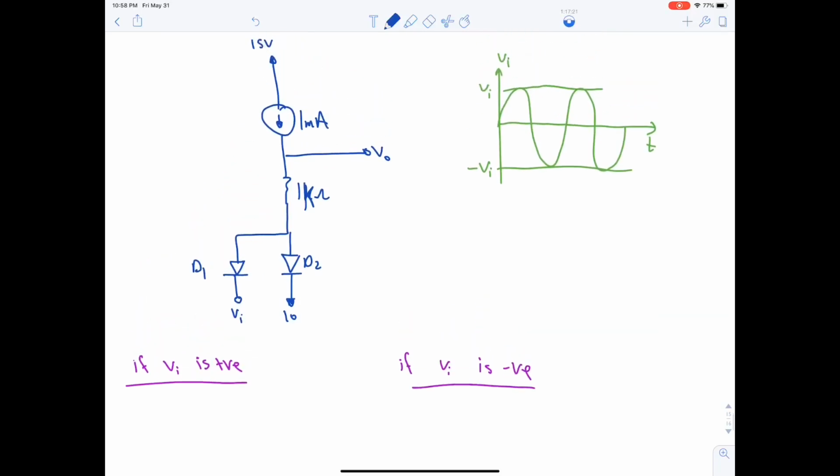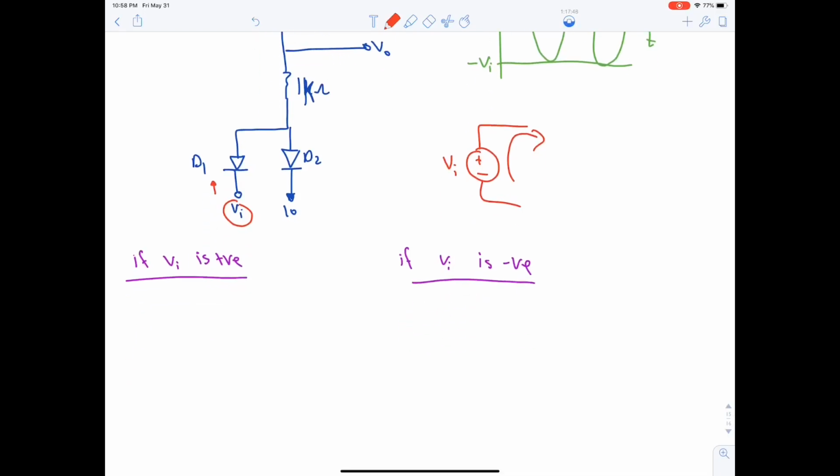Now, if VI is positive, how is the current flowing? Is it flowing outside VI or going into VI? Let's redraw. Let's take another form which you are used to. Now, if VI is positive, the current is flowing out of VI, right? Hence, the current is flowing in this direction.